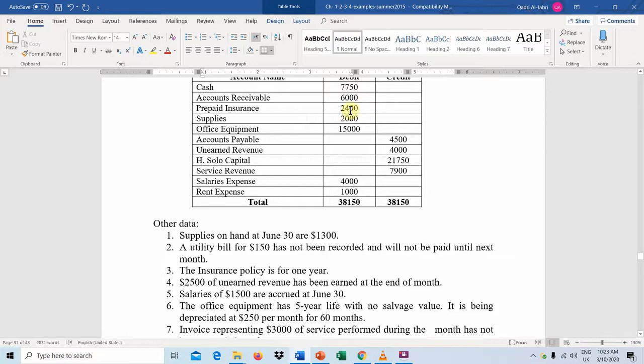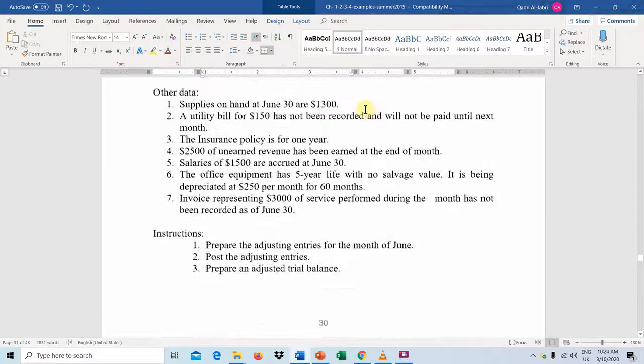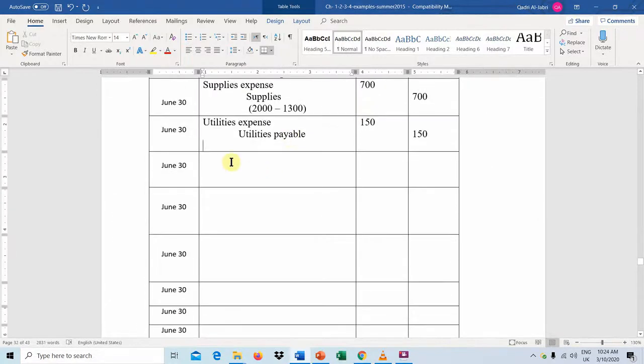It's 1 year, which is 12 months. So the insurance expense per month, or what we will use out of this prepaid insurance per month, is 200. This is simply 2,400 divided by 12.